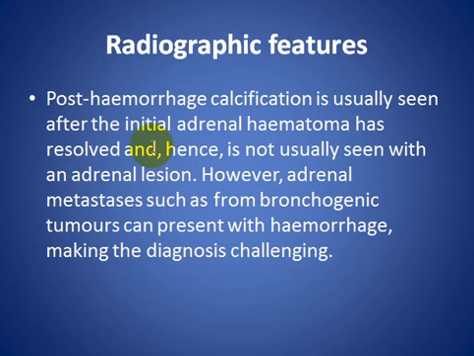Radiology: post-hemorrhage calcification is usually seen after the initial adrenal hematoma has resolved, and hence is not usually seen with an adrenal lesion. However, adrenal metastasis such as from bronchogenic tumor can present with hemorrhage, making the diagnosis challenging.